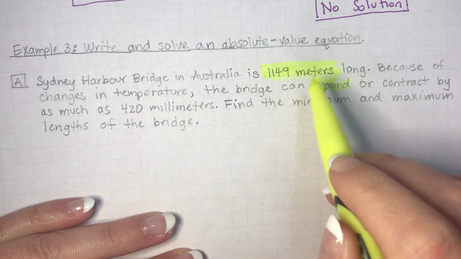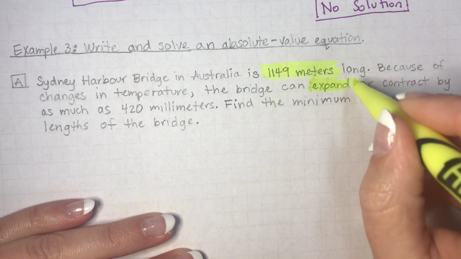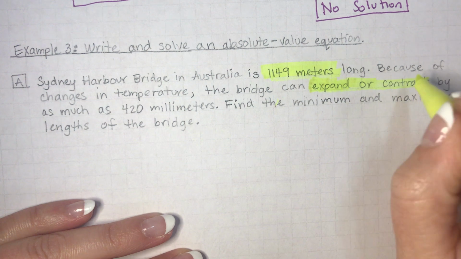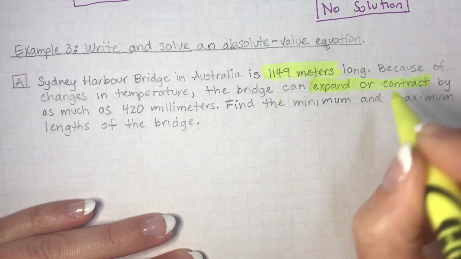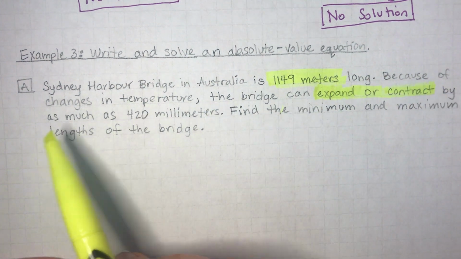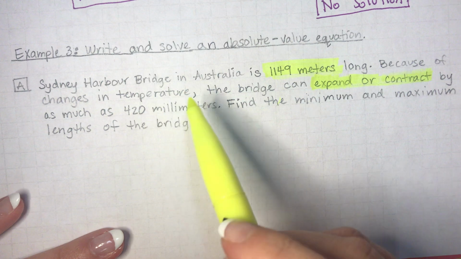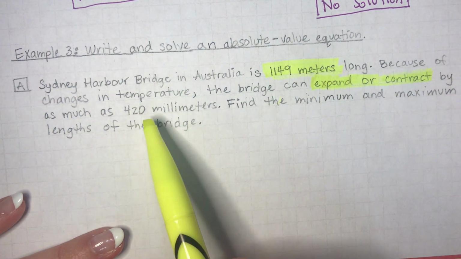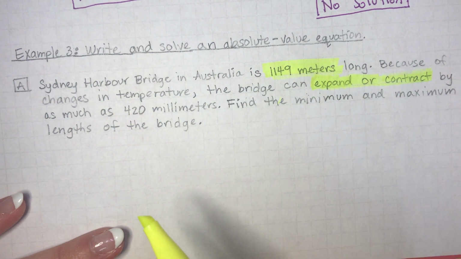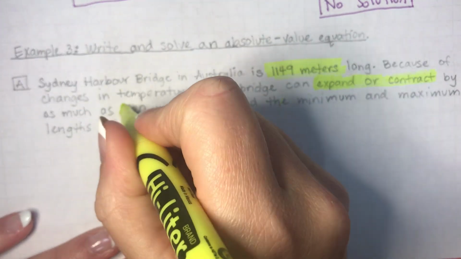Sometimes it's longer, sometimes it shrinks and it's not as long, depending on the temperature. It's kind of interesting. And then it says by as much as 420 millimeters. So it can increase in size by 420 millimeters, or it can shrink in size by 420 millimeters.